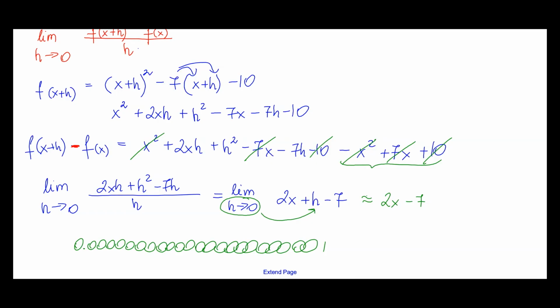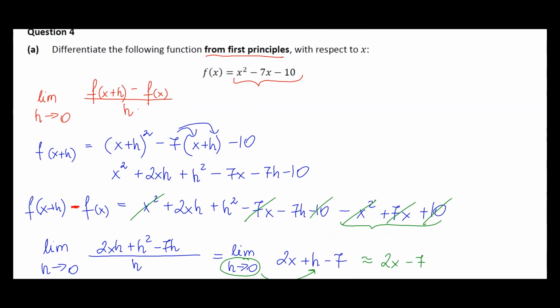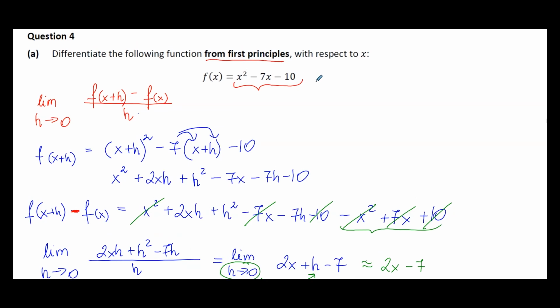Now, going back, the reason why we are using this method only then, is because if I was to differentiate that function, I know 10 will go to 0. Here, x to the power of 1, the derivative of that is going to be minus 7, the number that stands beside x.